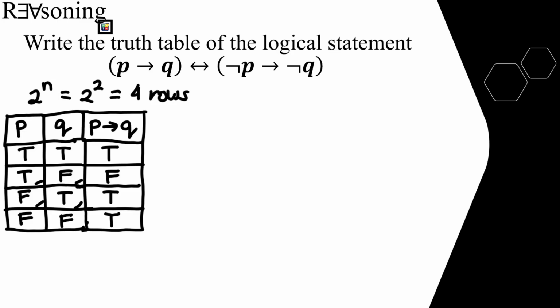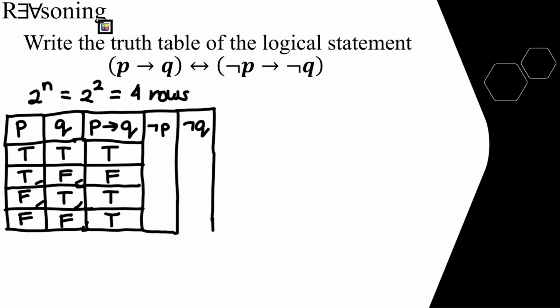Now, for the second part of our biconditional statement, it's also an if then statement, but we are not using P and Q. We are using the negation of P and Q. Hence, let us add respective columns for that. Let's have a column for not P, and of course for not Q, let's also have another column before we subject them into a conditional statement.